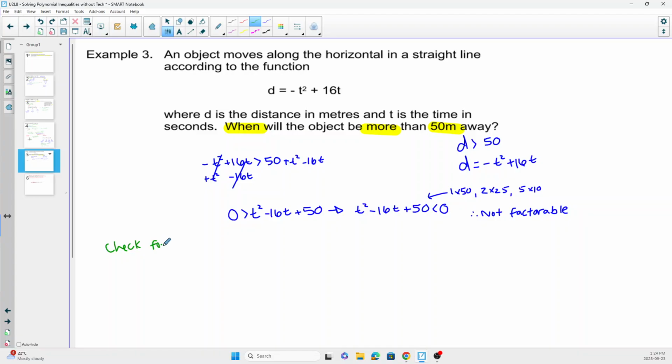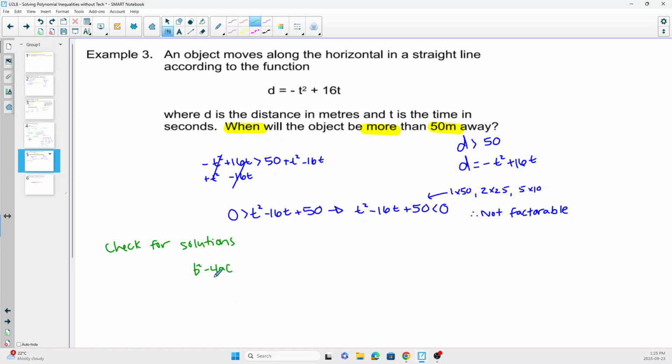Check for solutions. So remember a couple of things. When this happens, we have to use the quadratic formula, and the way we can check how many solutions from the quadratic formula is using the discriminant. The discriminant is the part under the square root, b squared minus 4ac. I did review this back in one of our factoring lessons.